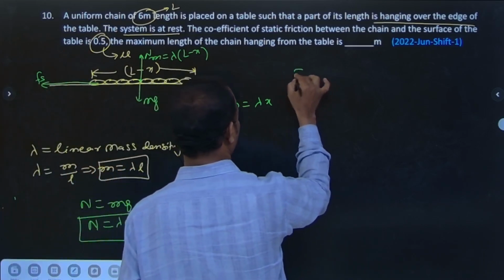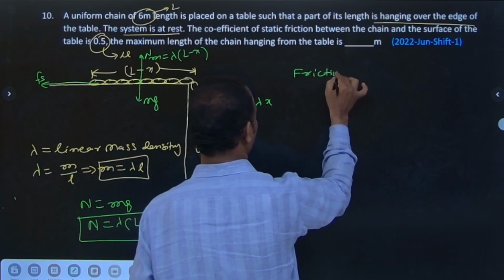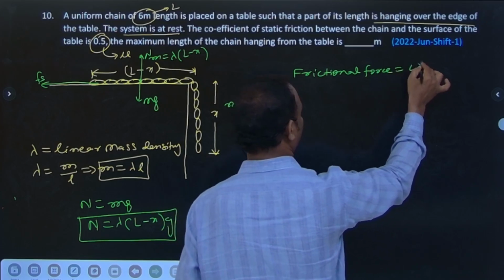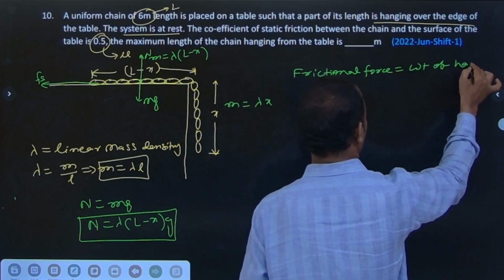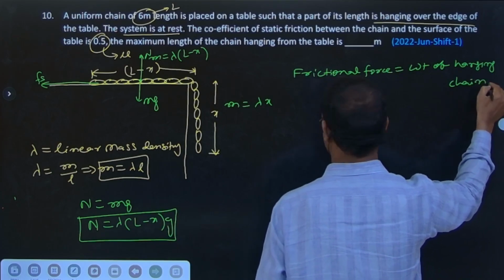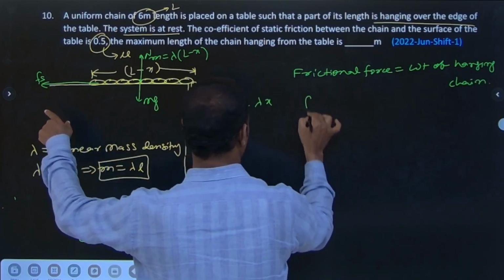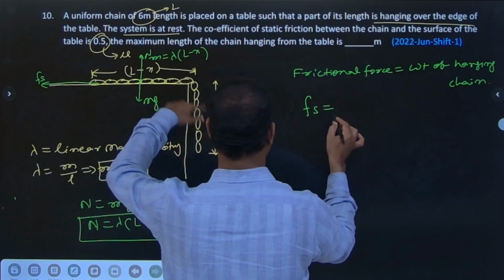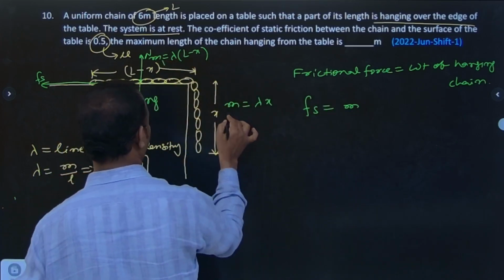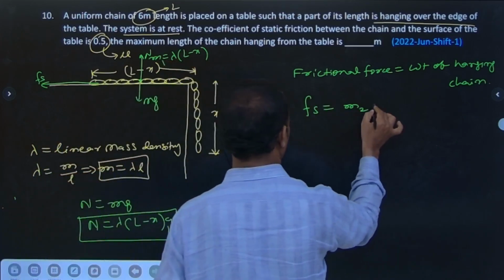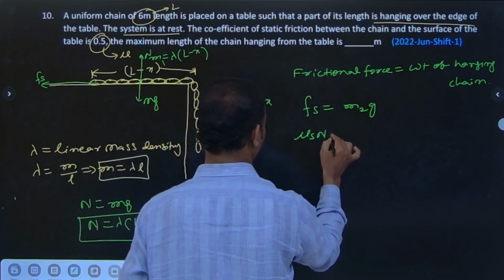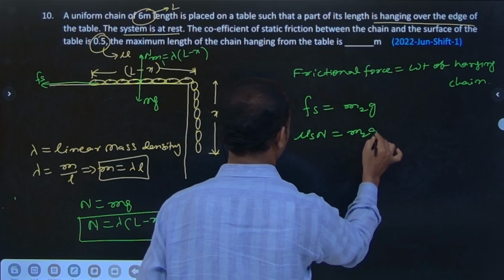Fs is equal to the weight of the hanging chain. Taking this as m1 and this as m2, Fs means mu s into N is equal to m2 g.